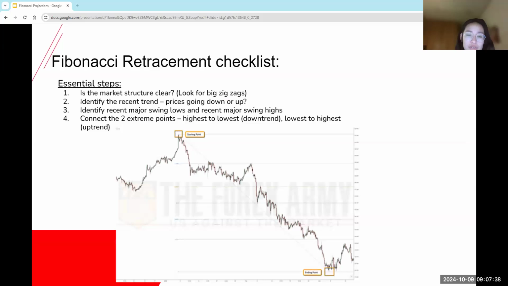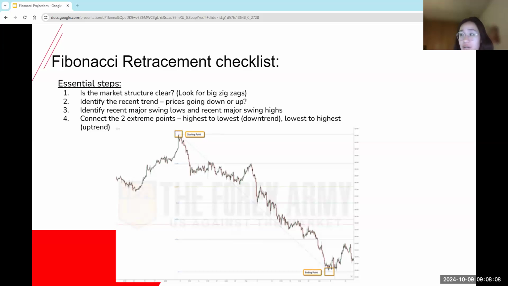So let's do a quick recap first. Here's a Fibonacci checklist to follow when first starting out with the retracements and something to look out for as well. So firstly, you want to check is the market structure clear by looking for really big zigzags. Then you want to identify the recent trend, so is our price going down or up. And we normally will follow the general trend of the price.